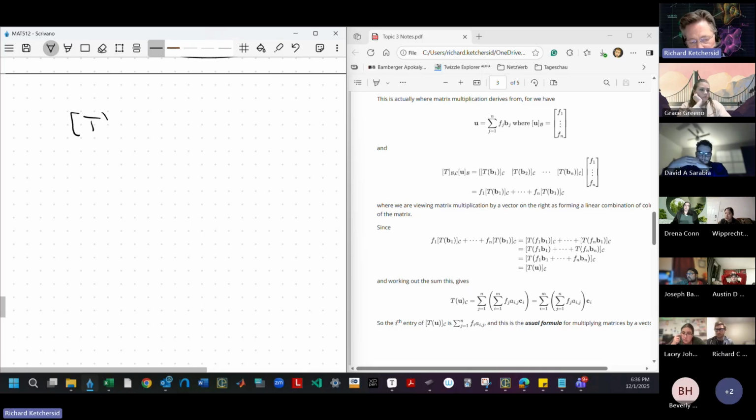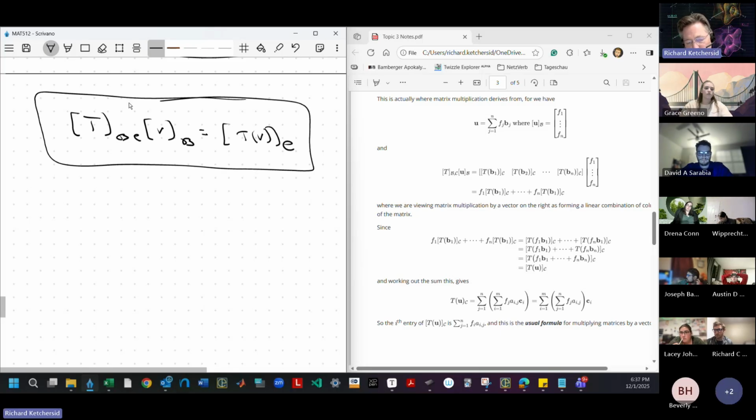This thing that you want to be true here: V_B equals T of V_C, right? So in these notes, I argue why this is true a little bit. And it definitely hints at why matrix multiplication is defined the way it's defined, right?